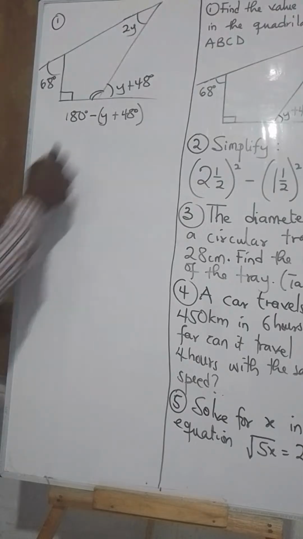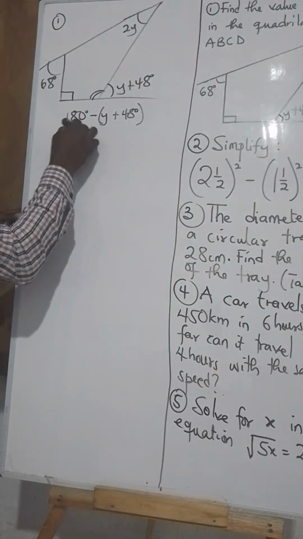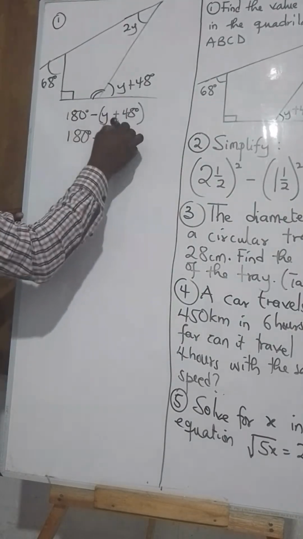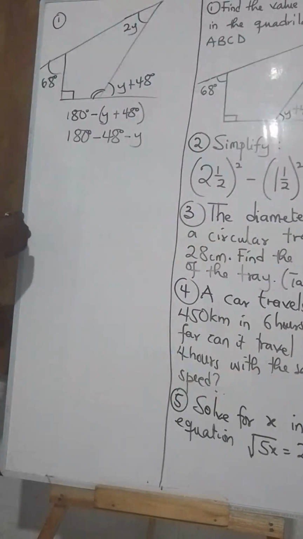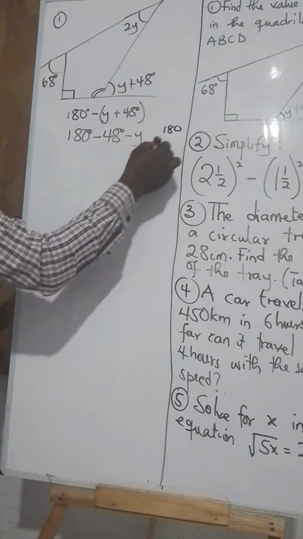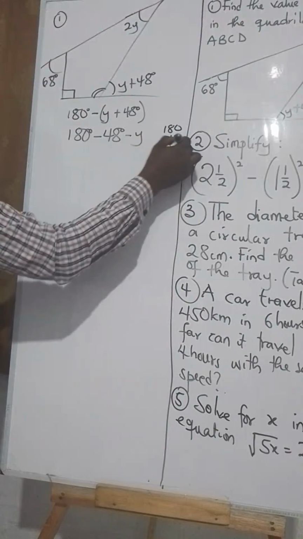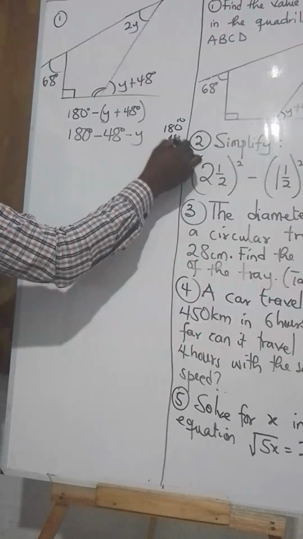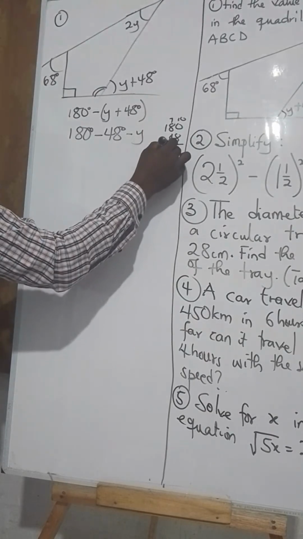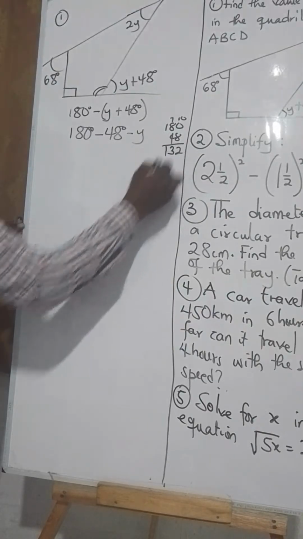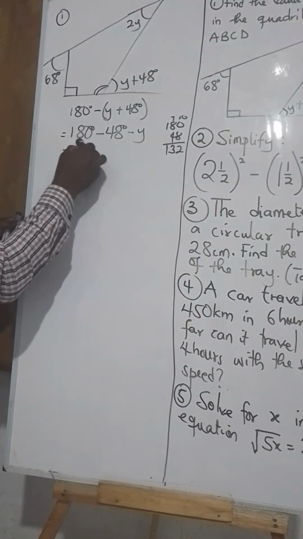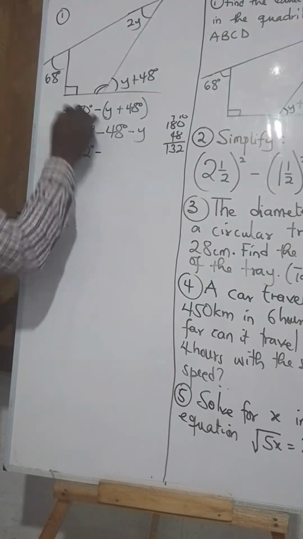So to get that side, you have 180 minus 48 degrees minus y. Here we have 180 minus 48, which gives us 132 degrees minus y.